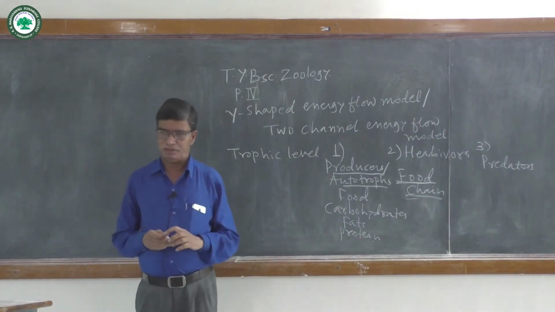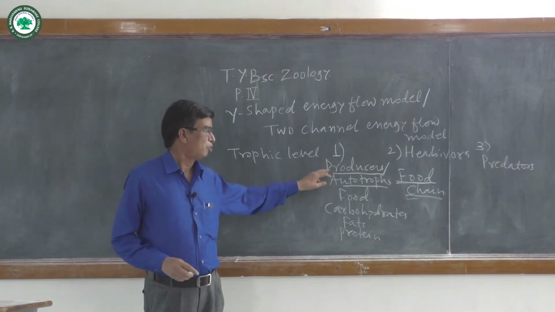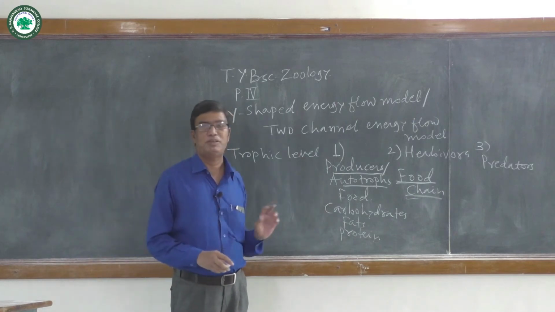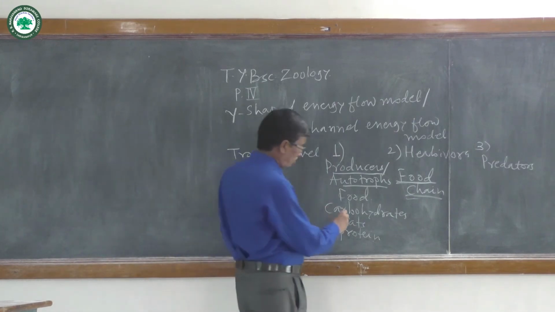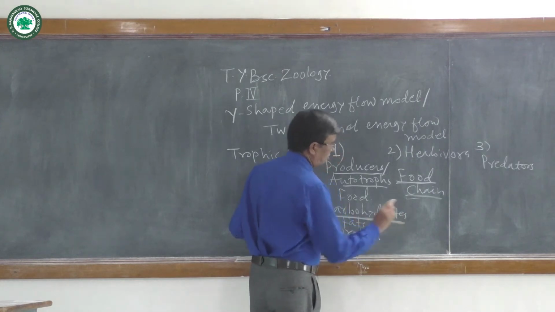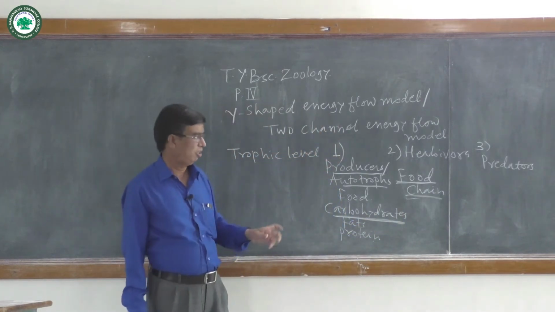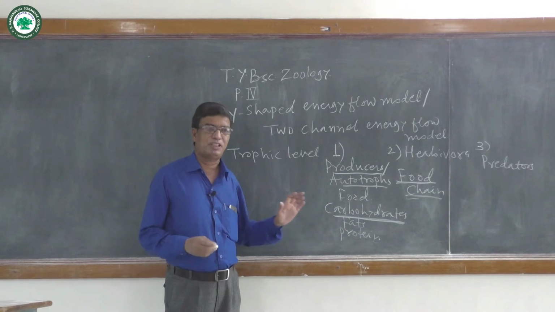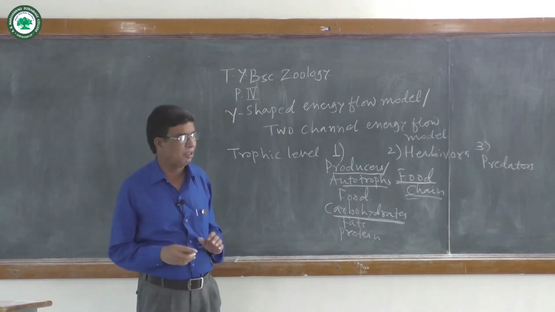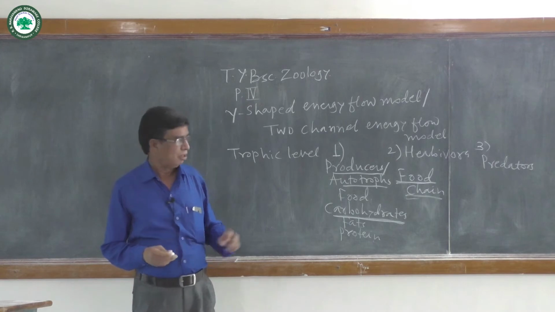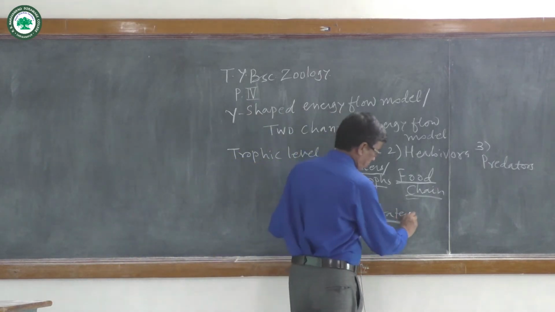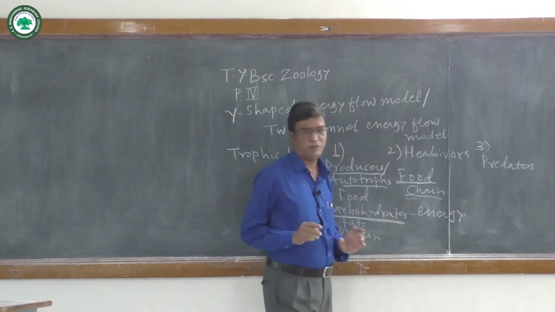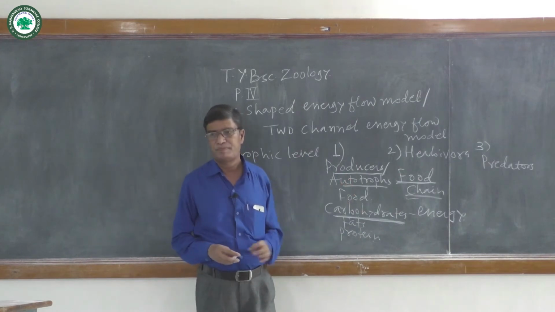But producers produce their own food material that mainly contains carbohydrates, with lesser concentrations of fat and protein. They are rich in carbohydrate content, and carbohydrate is the main source of energy. Carbohydrates are the sugars in the food material.